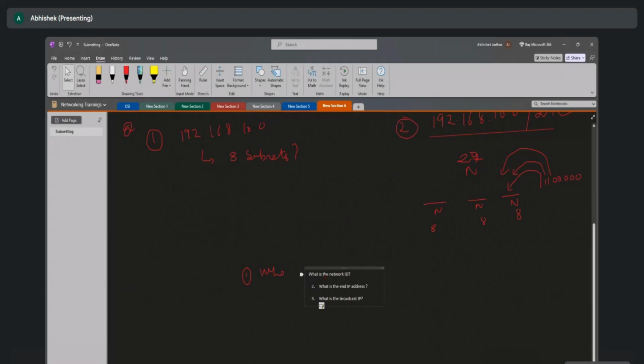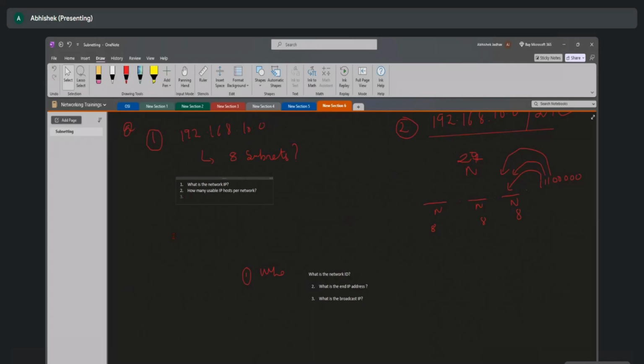Done, right? In this scenario, your question should be: what is the network IP? How many usable IP hosts per network?